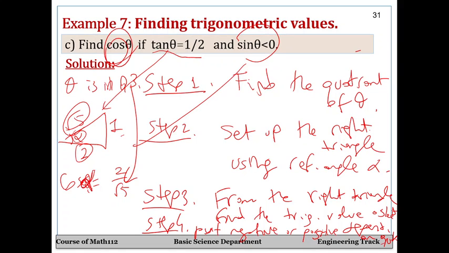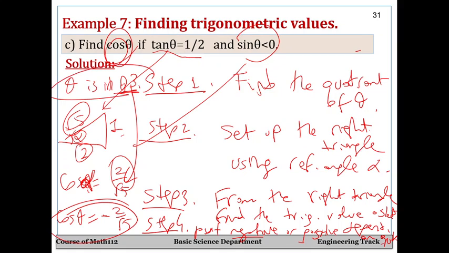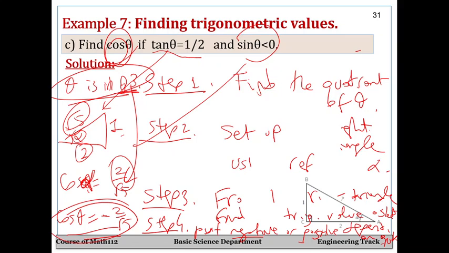So this is cosine alpha. And then cosine theta is just negative or positive of this value. So this is in quadrant 3. In quadrant 3, cosine, all STC, is negative, so you say it's negative 2/square root 5. Because it's in quadrant 3, cosine should be negative. Okay, let's see how it is done here.